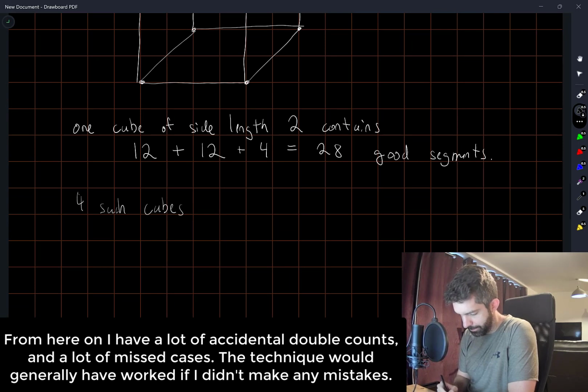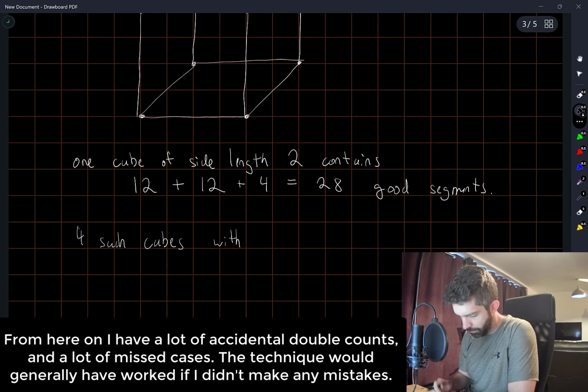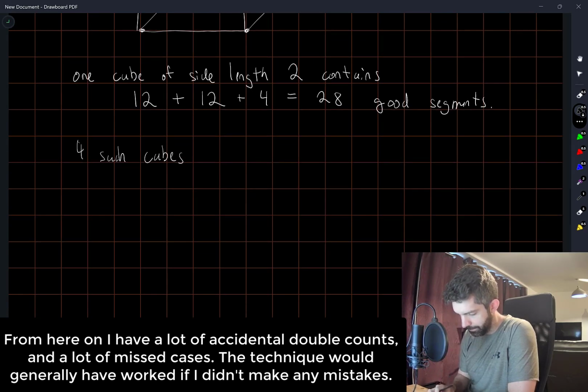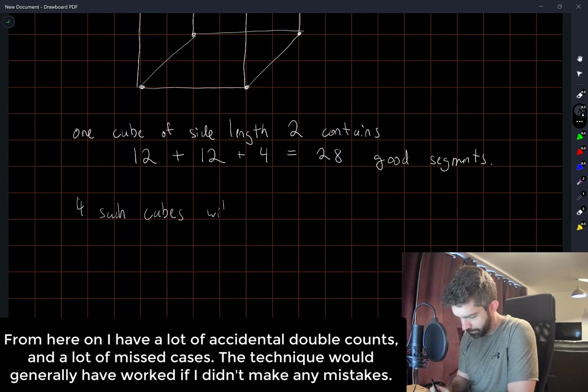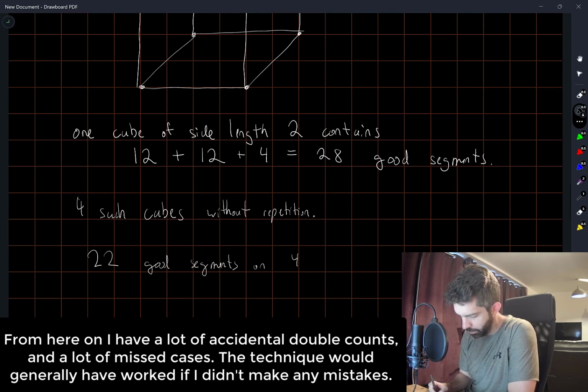Okay. 4 such cubes. Okay, and I also have, and then I'll say 22 good segments on 4 more cubes.